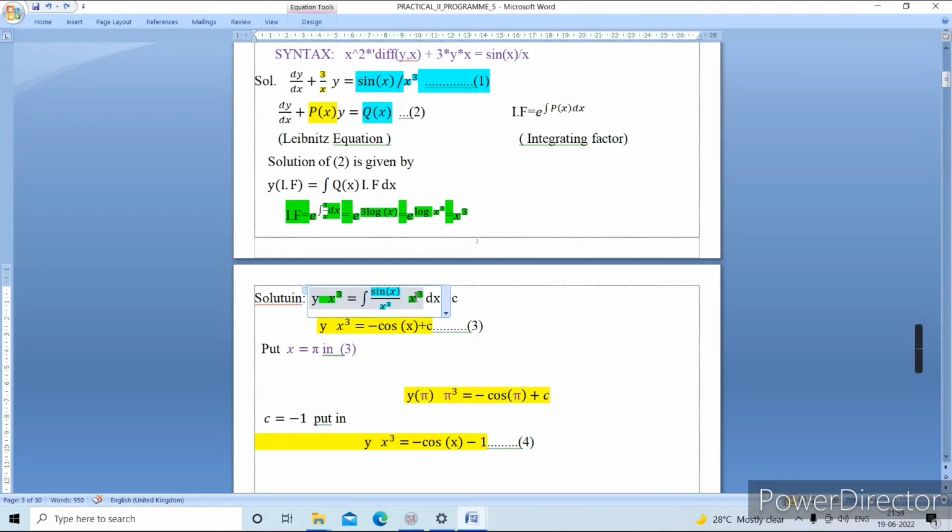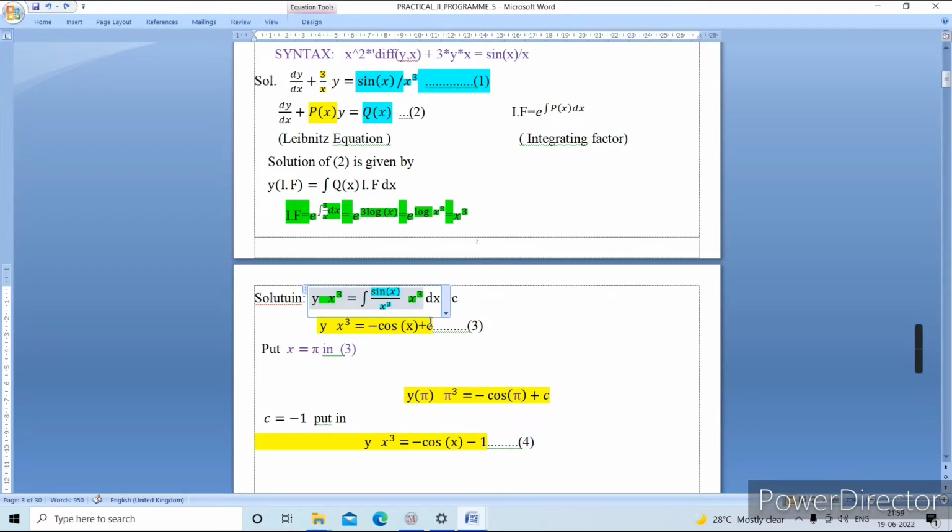Now cancel this x cube with this x cube. Here is sin of x, and integration of sin x is given by minus cos x. So equation 3 is the solution of equation first.